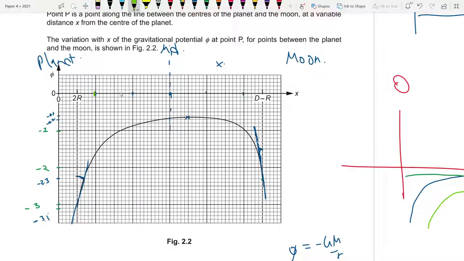It's 0.5 boxes, 1.5, 2.5 here, then 1, 2, 2.5 boxes at the center. So there are 5 boxes in total, and the midpoint is at 2.5 boxes, right? So the point of maximum potential is actually nearer to the moon.